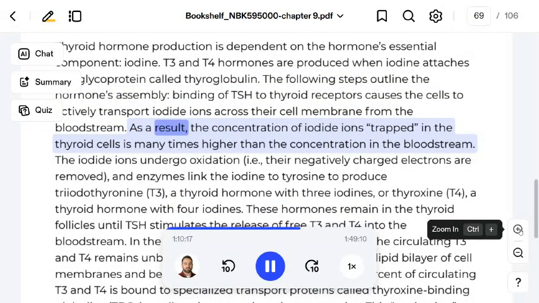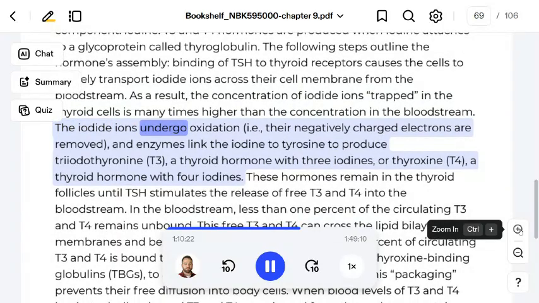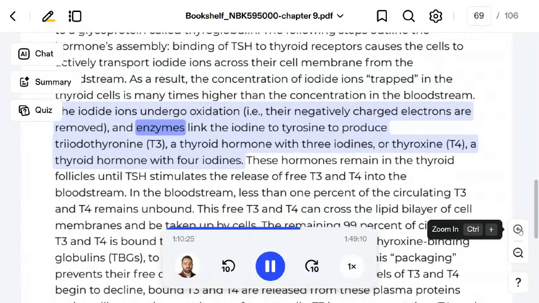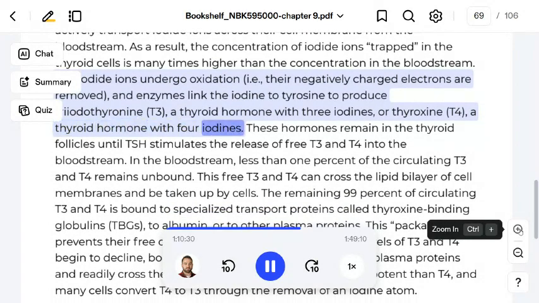As a result, the concentration of iodide ions trapped in the thyroid cells is many times higher than the concentration in the bloodstream. The iodide ions undergo oxidation, and enzymes link the iodine to tyrosine to produce triiodothyronine, a thyroid hormone with 3 iodines, or thyroxine, a thyroid hormone with 4 iodines.